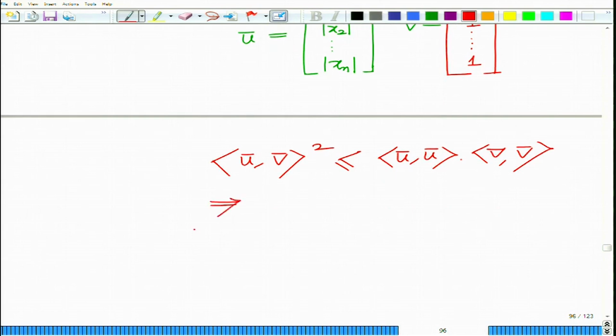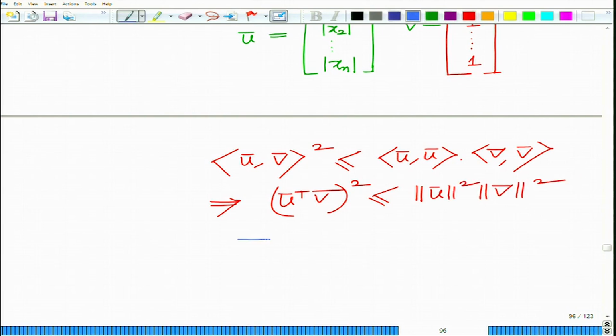This implies that u bar transpose v bar is less than or equal to norm u bar into norm v bar.